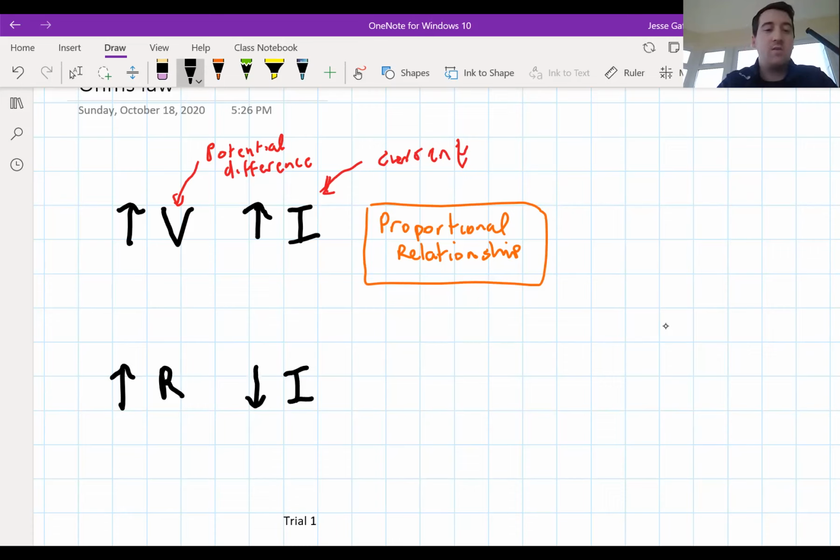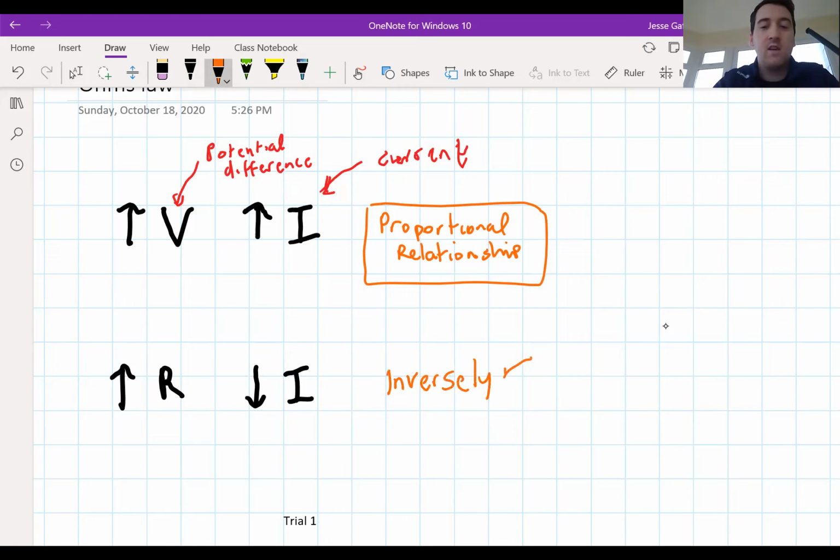Okay, so what I did to the resistance, the opposite happens to the current. So if I was to decrease the resistance instead of increasing it, then I would increase the current. So whatever I do to one, the opposite happens to the other. We call this type of relationship inversely proportional.